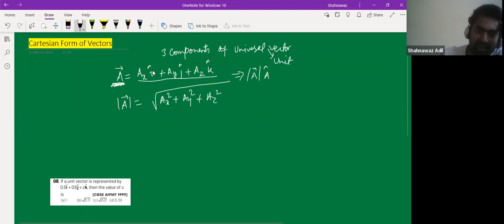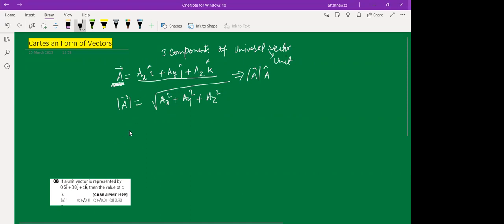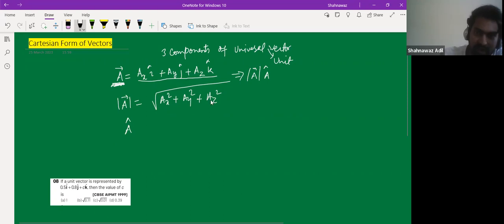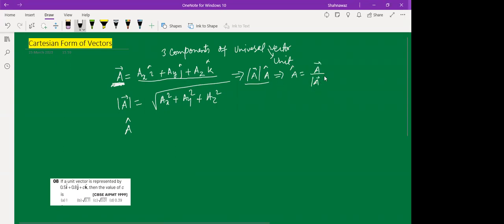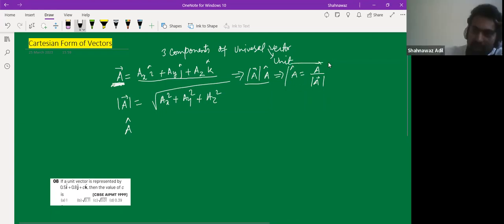You know that the direction I is in the X direction, J is in the Y direction, K is in the Z direction. So the direction of this vector is A hat. And you can calculate A hat using this and this part. So the direction of A will be A vector divided by magnitude of A. So this is the direction of this vector.